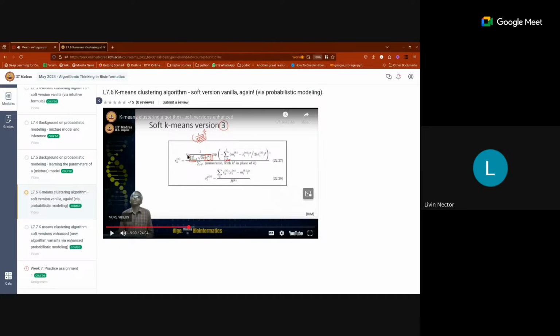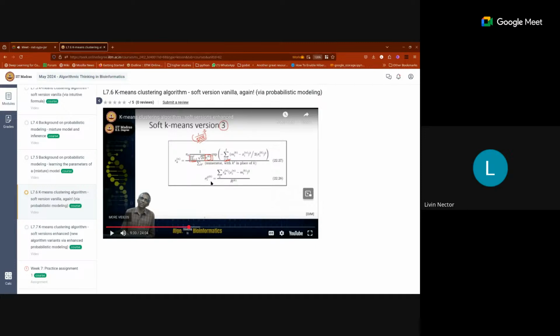This pi k is the prior: given any point, the probability of it belonging to a particular cluster. Given that the point belongs to that particular cluster, what is the likelihood of the data point? For that we use the normal distribution formula, which is very similar to what we have. The exponential, and the whole sum is coming in the denominator, right?